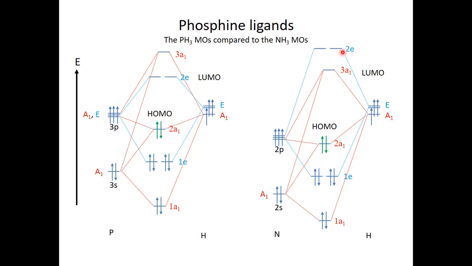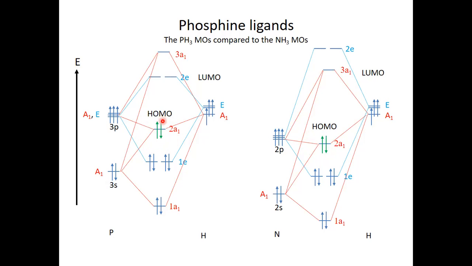And the two interbonding E orbitals are then energetically located above this 3A1, which is our LUMO. So in phosphine, similarly to the ammonia molecule, we also have this 2A1 molecular orbital being the highest occupied molecular orbital.